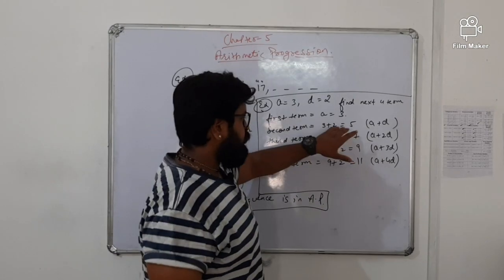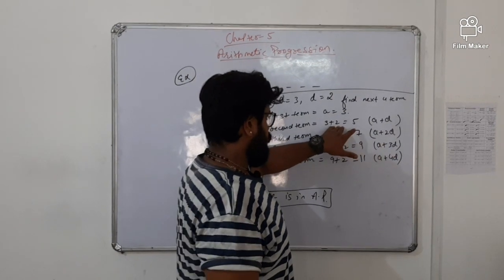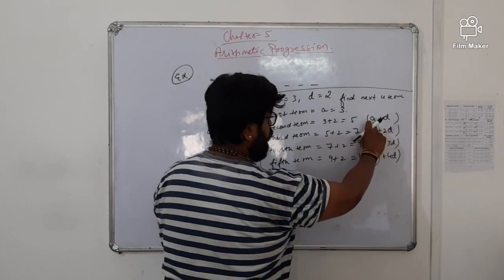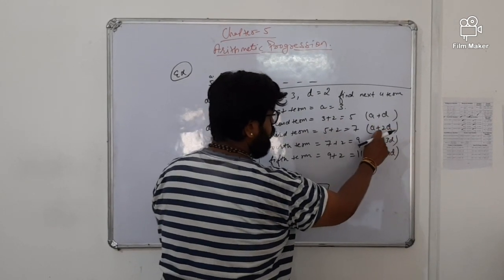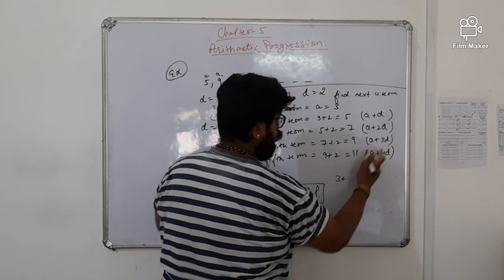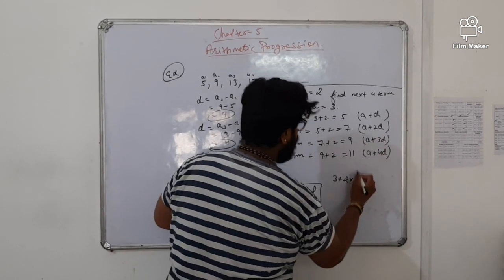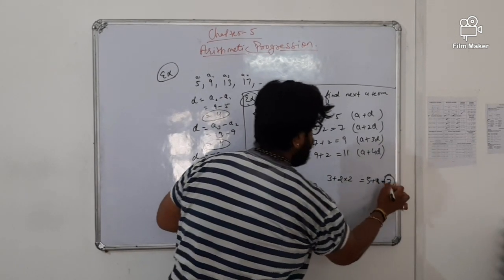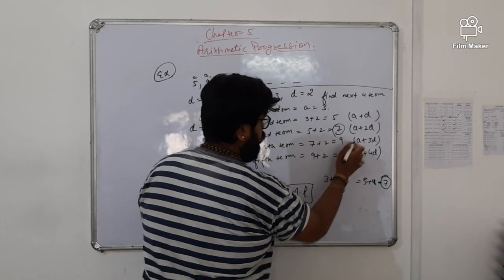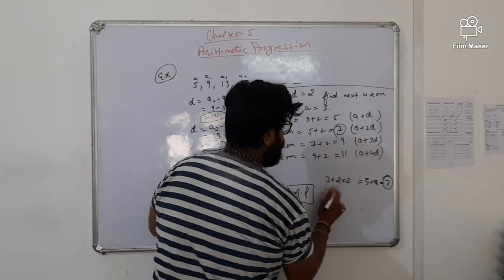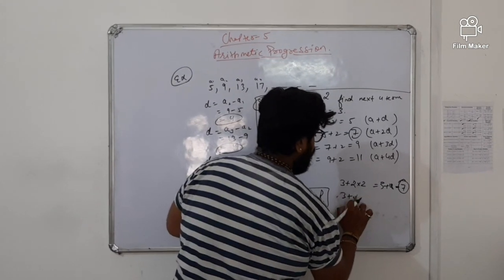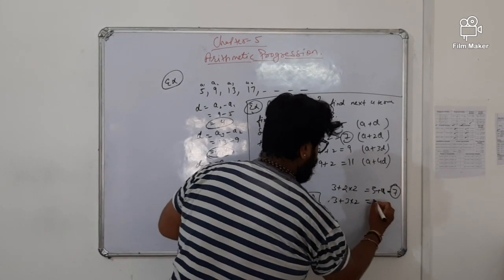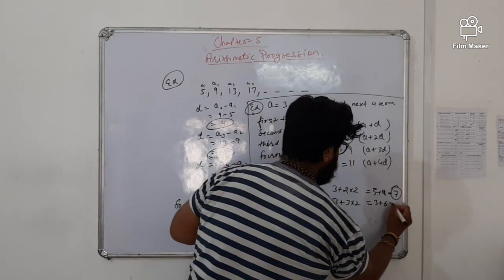Here we have seen that these formulas are used to find the second, third, fourth and fifth terms. How have we used them? See, a plus d means 3 plus 2 is 5. a plus 2d: a is 3, plus 2 into d, where the value of d is 2, so 3 plus 4 means 7. Now the next term, a plus 3d: 3 plus 3 times 2 is 6, that is 9.